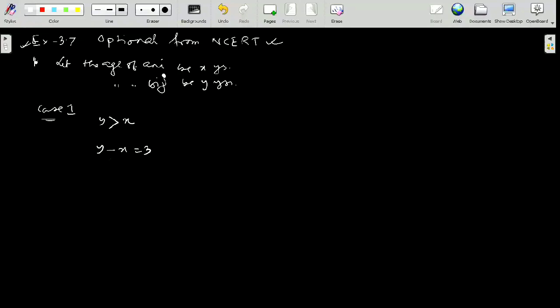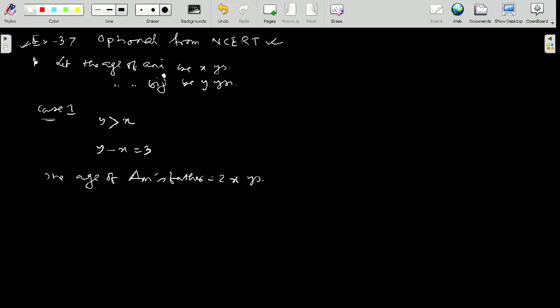Since the age of Annie's father is equal to 2 times the age of Annie, you can write now Annie's father is equal to twice X, as X is the age of Annie. So also write this one. The age of Annie's father is equal to twice X years.